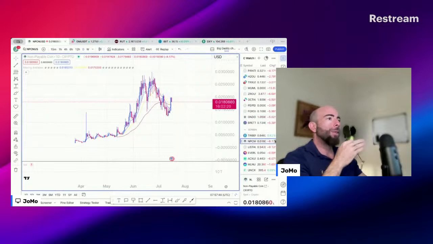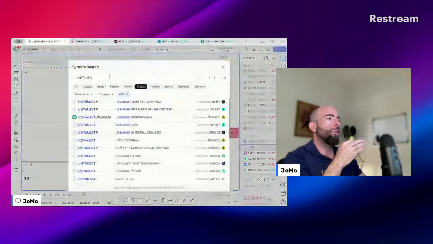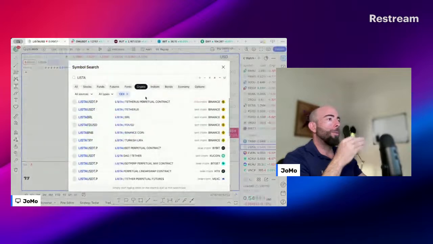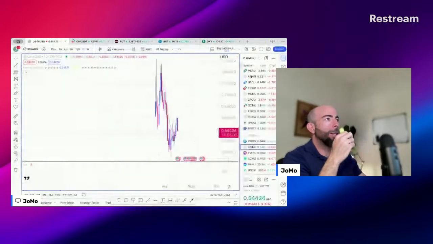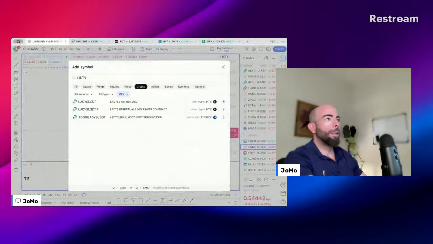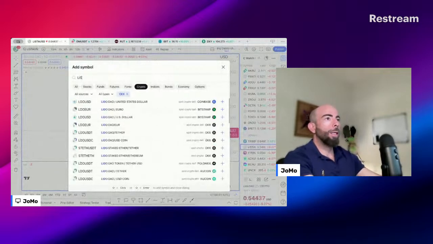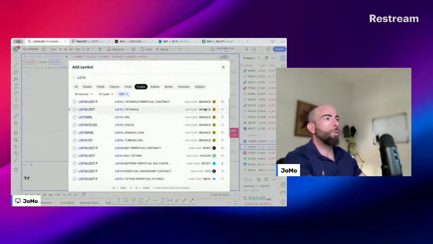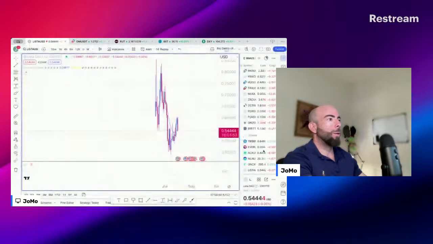Lista is a new coin which I'm not familiar with, so I want to see where it's traded. Lista is traded on Binance, all right? So I will add it here. Lista. I don't know what this is. I'm going to research it a bit later just to understand. I added it over here, removing this because it's not the same thing.